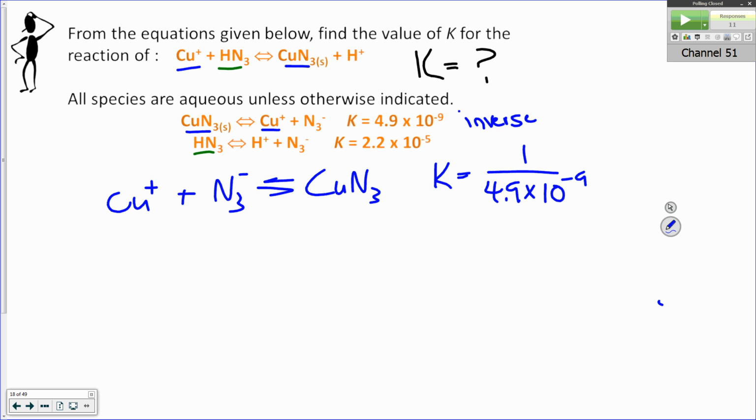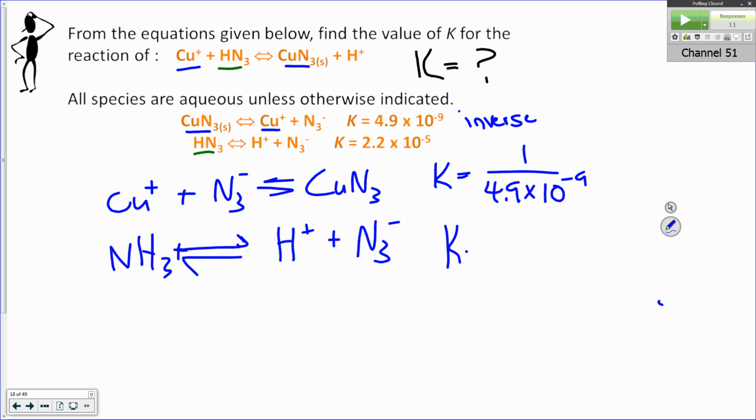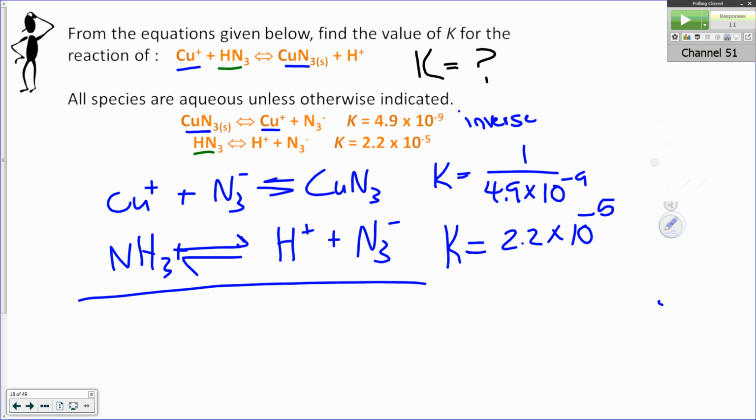Well, I'm going to go ahead and write them in the same color. I'm going to write this one as is. All right, so this one's not inverted or anything, so its value just as is. Okay, before I add these two things together, is there anything common to both sides that I might cancel out? The azide ion, top left, bottom right, cancels out of the system.